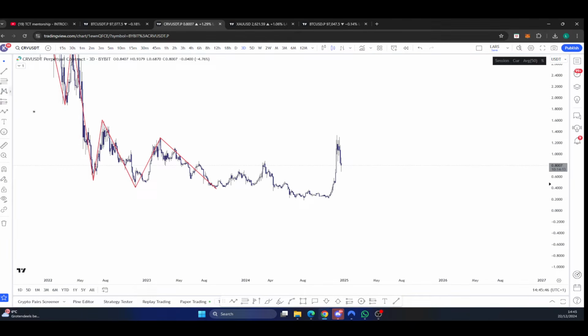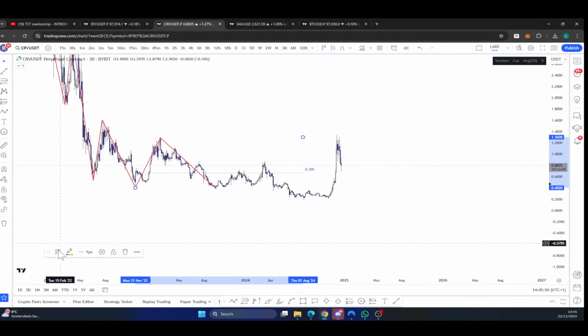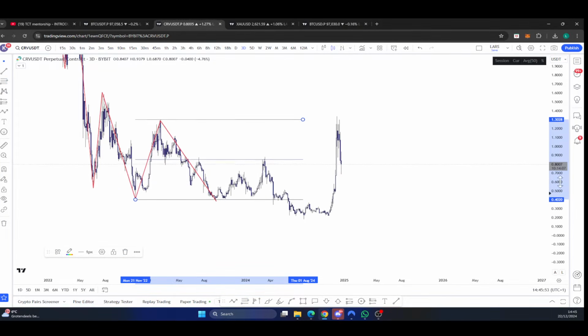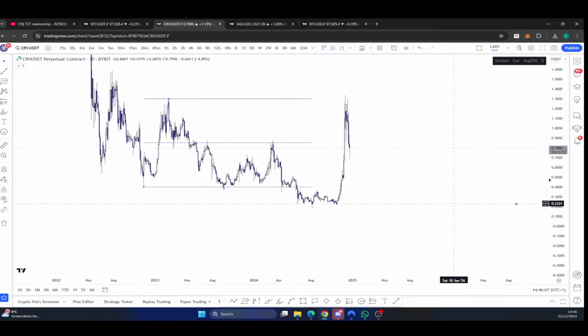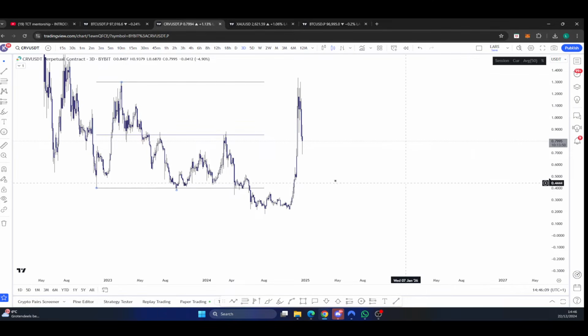So when we're trending down, we pull our range from low to high right here, and then we'll see that price has a range low and a range high, and here we actually deviated our range low, showing our first signs of a potential accumulation.